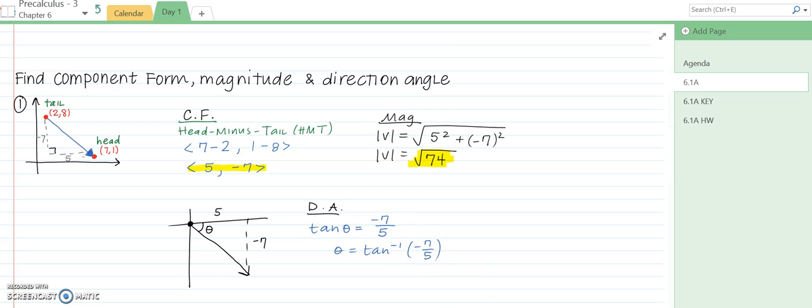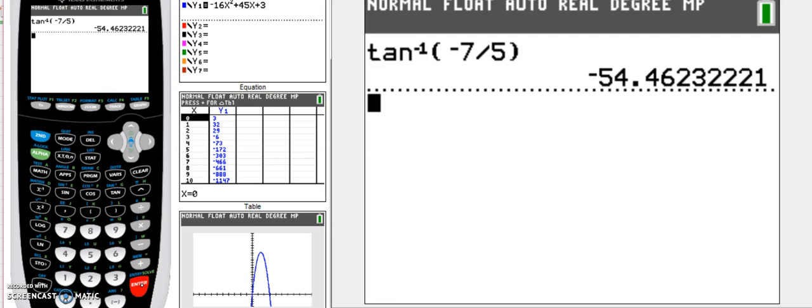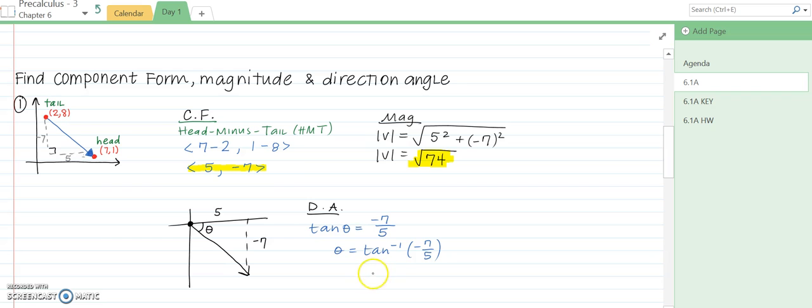When you type that in your calculator, we want to always be in degree mode this unit, so make sure your mode's in degrees. Inverse tangent of -7 over 5 gives you -54.46 degrees. Now I'm fine if you gave me the negative angle.